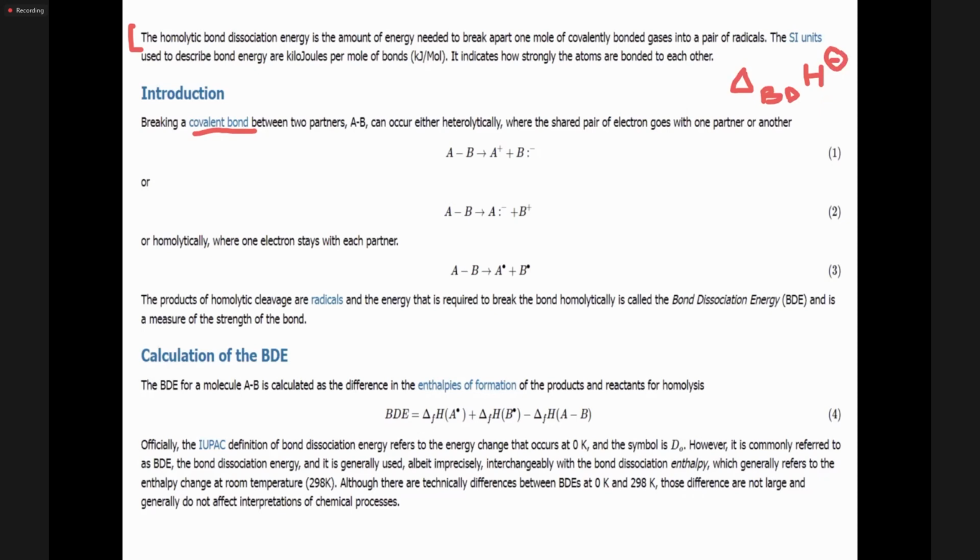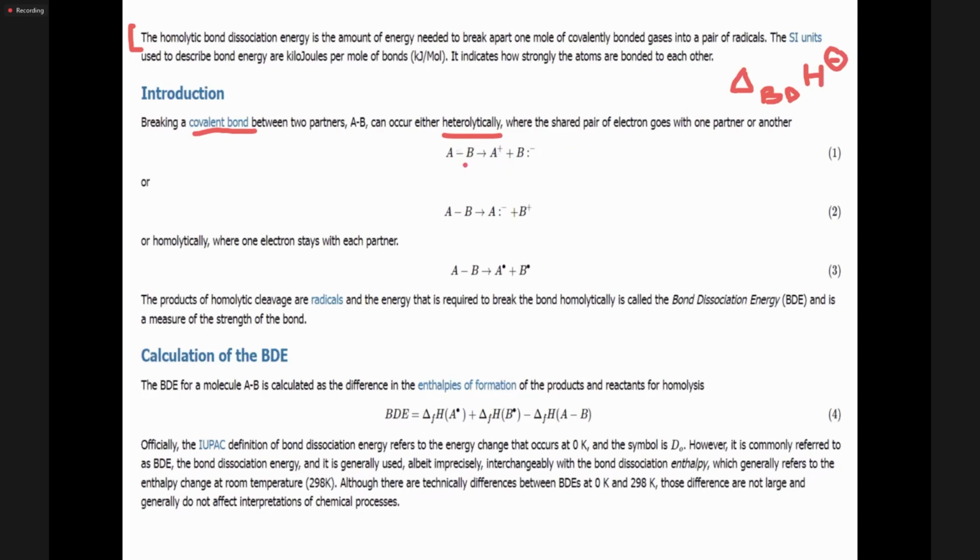Breaking a covalent bond between two partners A and B can occur either by homolytic bond cleavage or by heterolytic bond cleavage. Heterolytic bond cleavage means that after the bond cleavage, the two partners will be different from one another in charge.